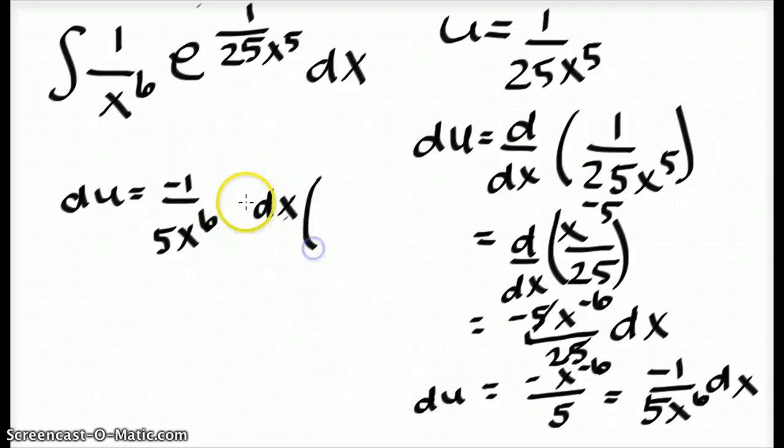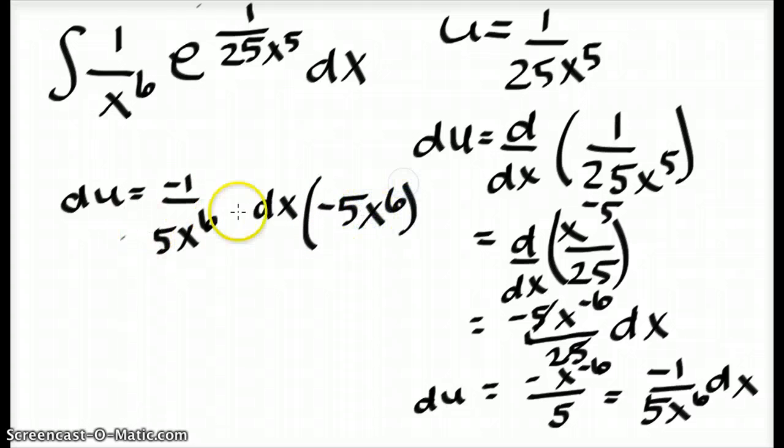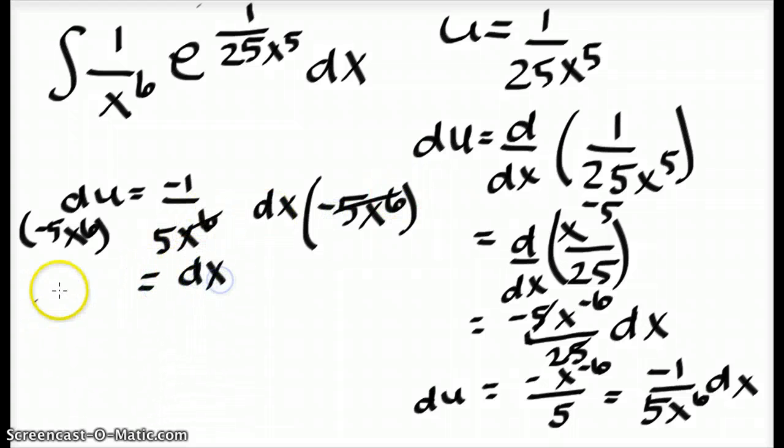So I want to get it by itself, so I'm going to multiply by the reciprocal of this fraction here. So that's going to be negative 5x to the 6th, and what you do to one side in math, you have to do to the other, so I'm going to multiply this side by negative 5x to the 6th, and so these are going to cancel, and we're just left with dx on the right, and on the left side we have negative 5x to the 6th du.